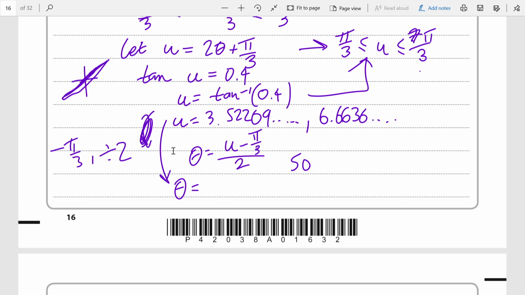so answer minus pi over 3 divided by 2 is 2.808, or for 6.6636 that will give us 2.808 something something.